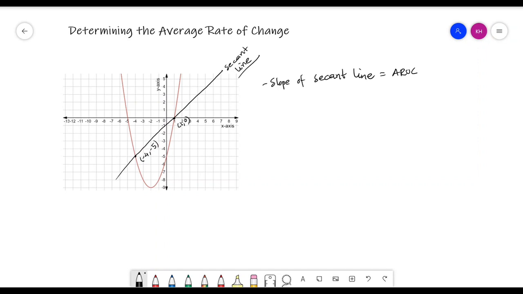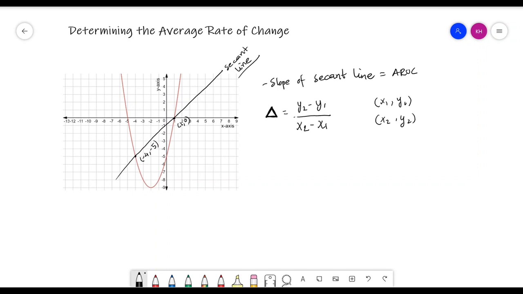Now we know 2 different points of the secant line, and if we have 2 different points of a secant line, to find the slope of that line we can use the formula y2 minus y1 divided by x2 minus x1, given x1 and y1 is one coordinate and x2 and y2 is another coordinate.